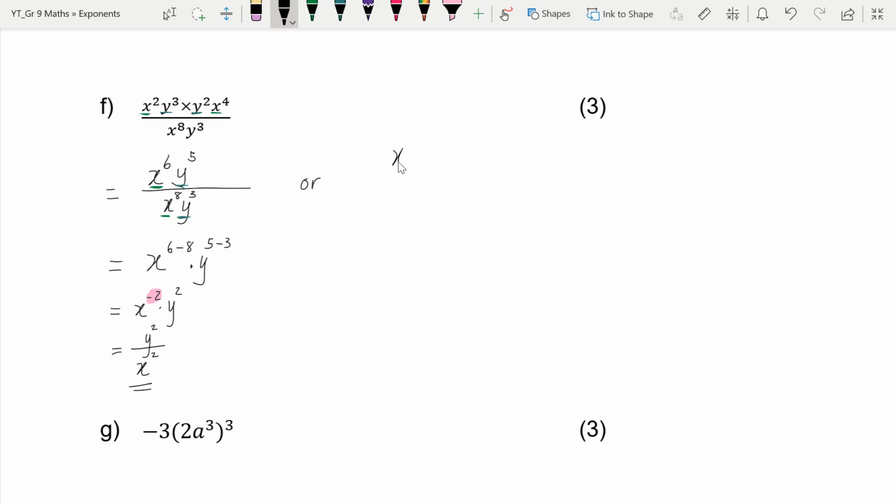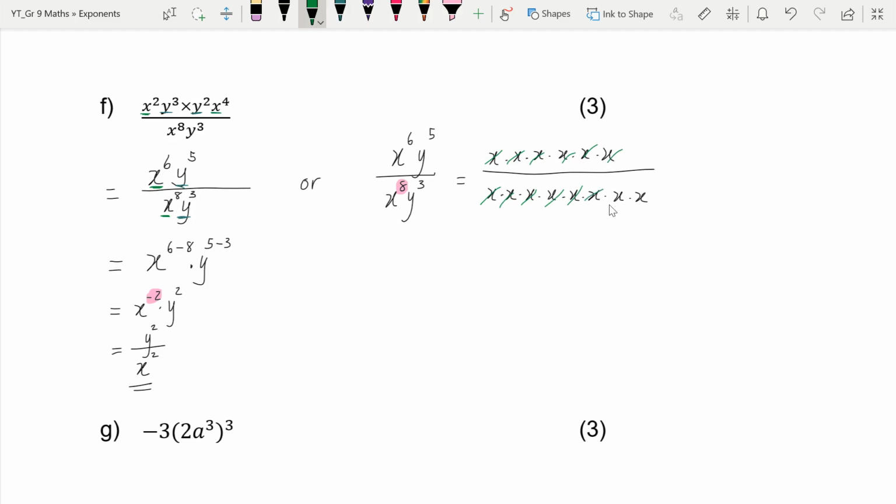Or what some of you might do, or how you would make sense of this, is you could say, okay, but wait a minute, for my base of x, I've got x to the power of 8 in the denominator. So that would mean that at the top, x is being multiplied by itself 6 times, and in the denominator, it is being multiplied by itself 8 times. So that cancels out, gives 1.